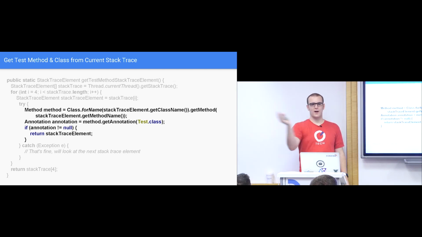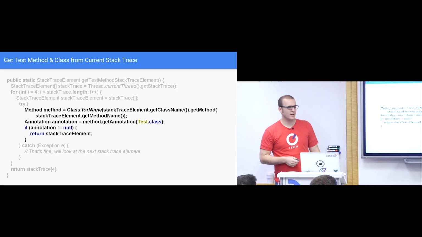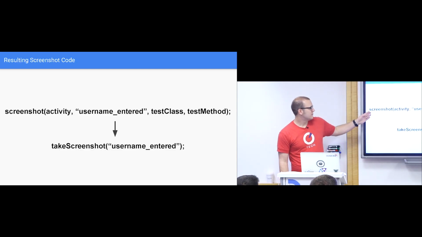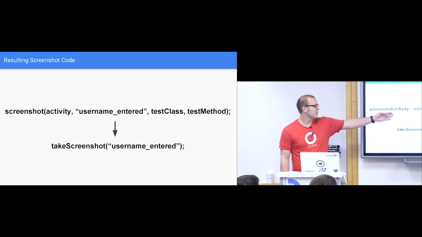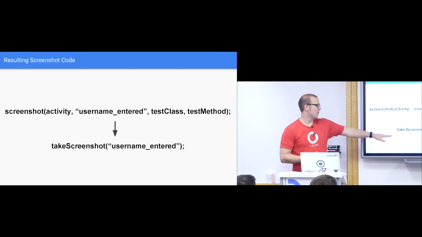So you go all the way back in the stack trace, no matter how many helpers deep you are, and then you can get the right class name and method name, so you just print out your screenshot. What that means is your previous syntax had four parameters. Now you're just saying, take my screenshot, because you know the activity, the method, and the test. So abstract that out, it's so much easier.